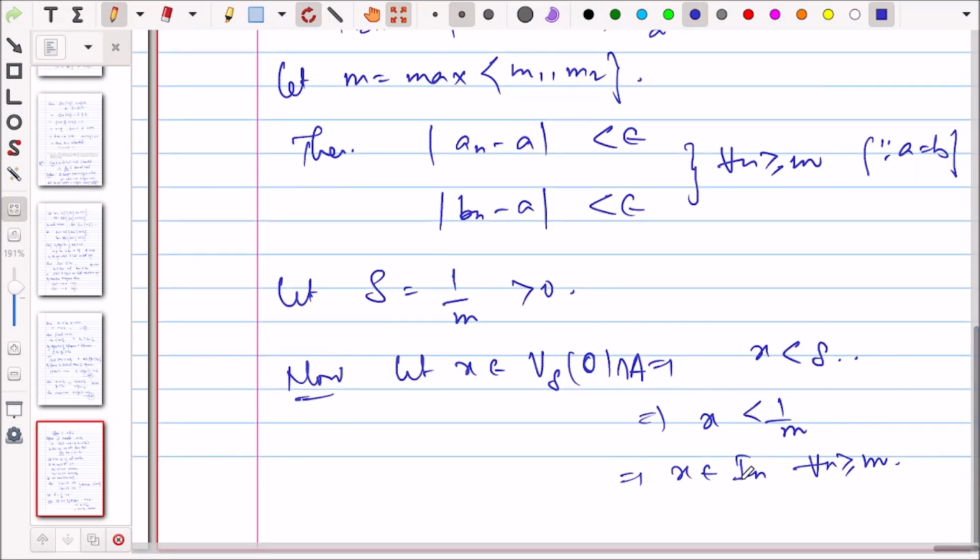Now x belongs to In, and alpha n is the infimum of f of In and beta n is the supremum of f of In. So fx will lie between these two. So alpha n is less than or equal to fx is less than or equal to beta n for all n greater than or equal to m. Why is this so?